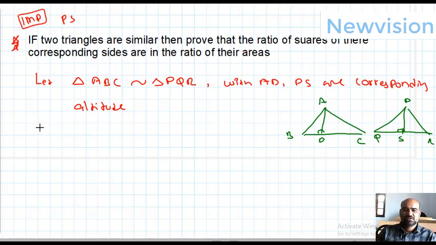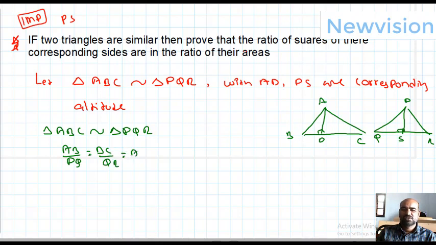I will write triangle ABC similar to triangle PQR. The meaning of that: AB by PQ is equal to BC by QR equal to AC by PR equal to AD by PS, the corresponding altitudes, and also corresponding angular bisectors and medians, but here altitudes are enough for me.